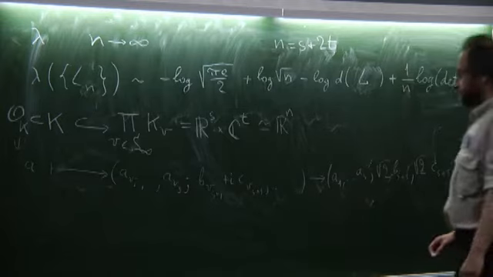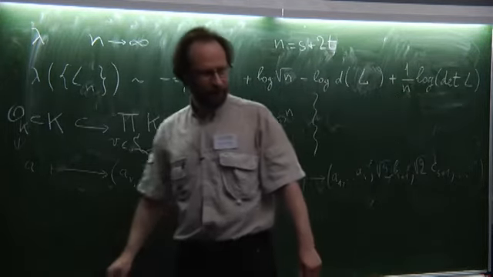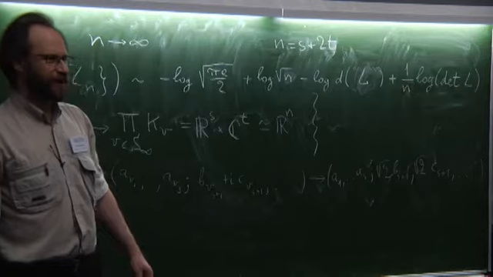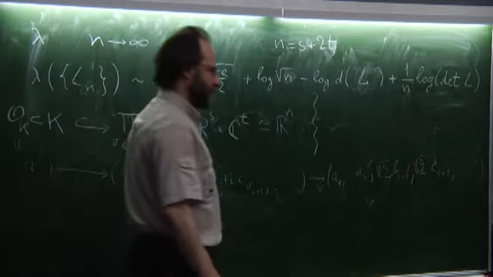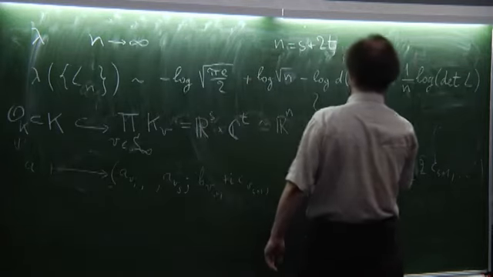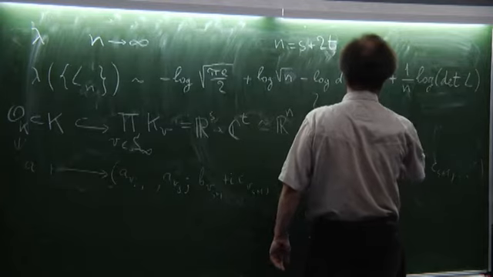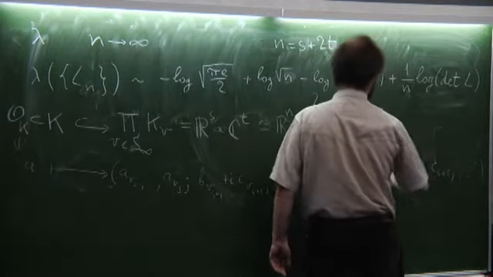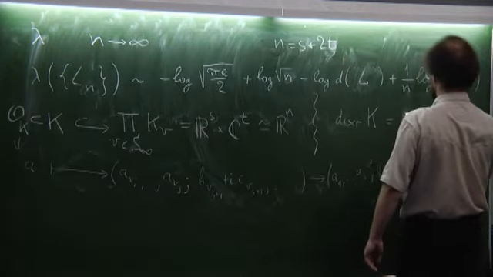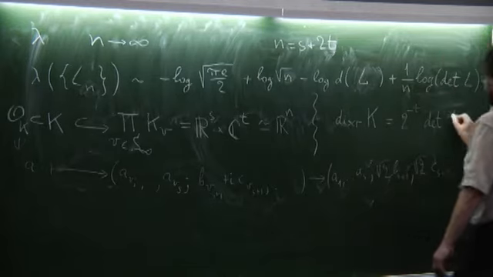If you remember the formula for the discriminant, you easily see that I need that. The discriminant of K is usually written out as 2 to the minus t times the determinant of this lattice.